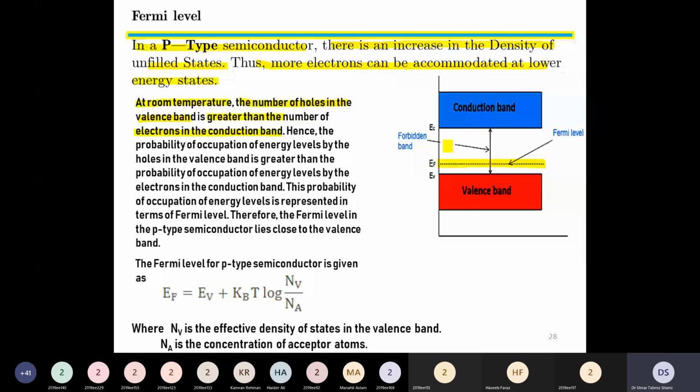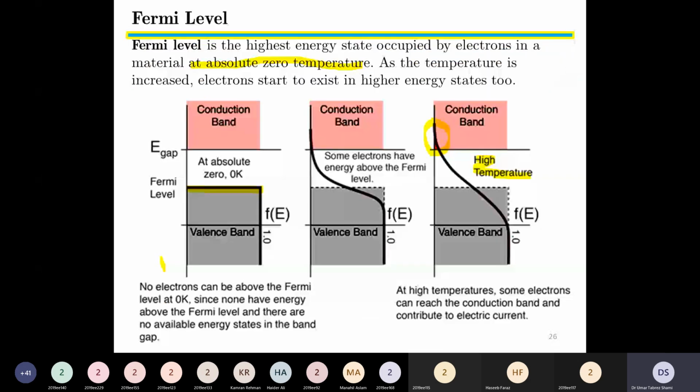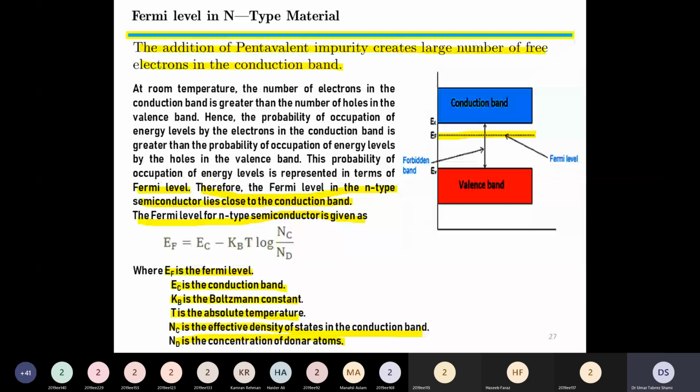P-type material में Fermi level valence band की जानिब ज़्यादा होता है और N-type material में Fermi level या chance of occupation conduction band की तरफ ज़्यादा होता है. N-type मटेरियल में ज़्यादा चांस है कि इलेक्ट्रॉन्स आ जाएंगे कंडक्शन बैंड में.